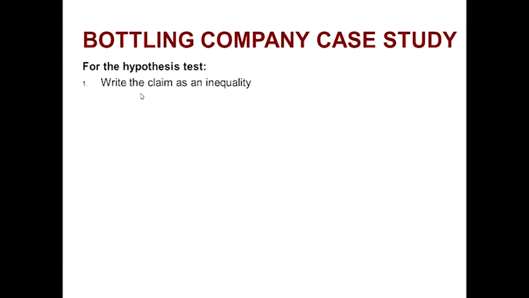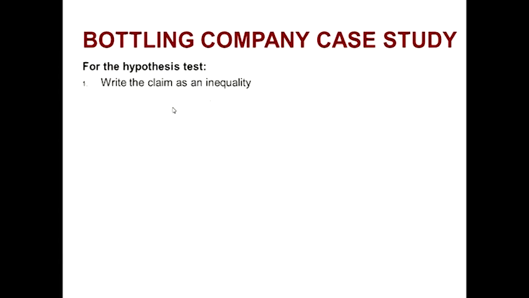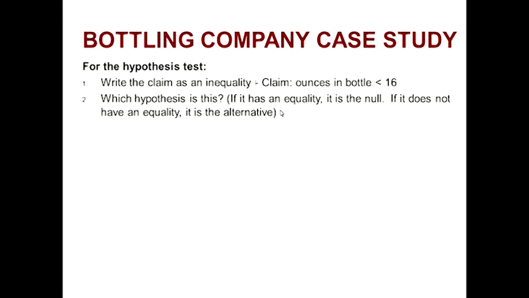So to make the hypothesis test, you're going to write your claim as an inequality. In this case, that the ounces in the bottle is less than 16. So your next step is to figure out which hypothesis this is. If it has an equals, then it is a null. If it does not have an equality, then it is the alternative.